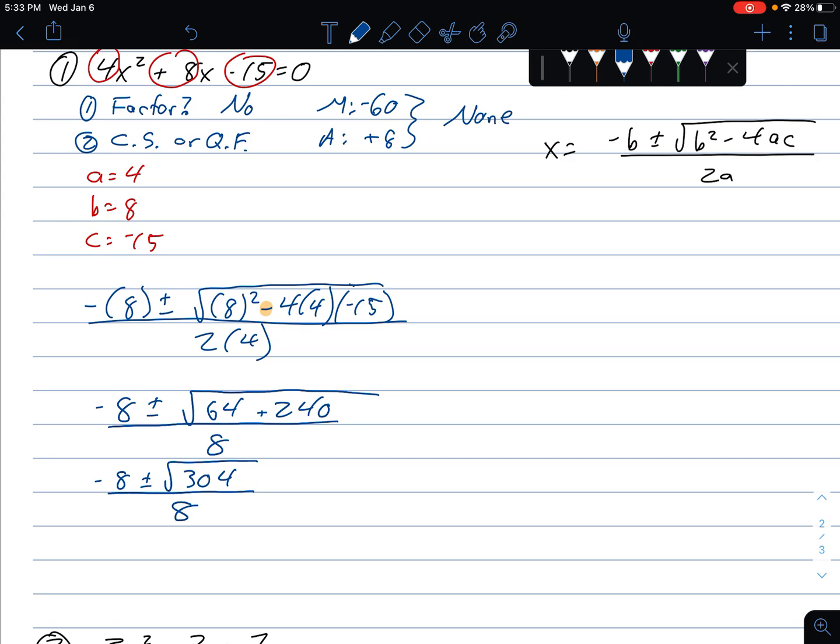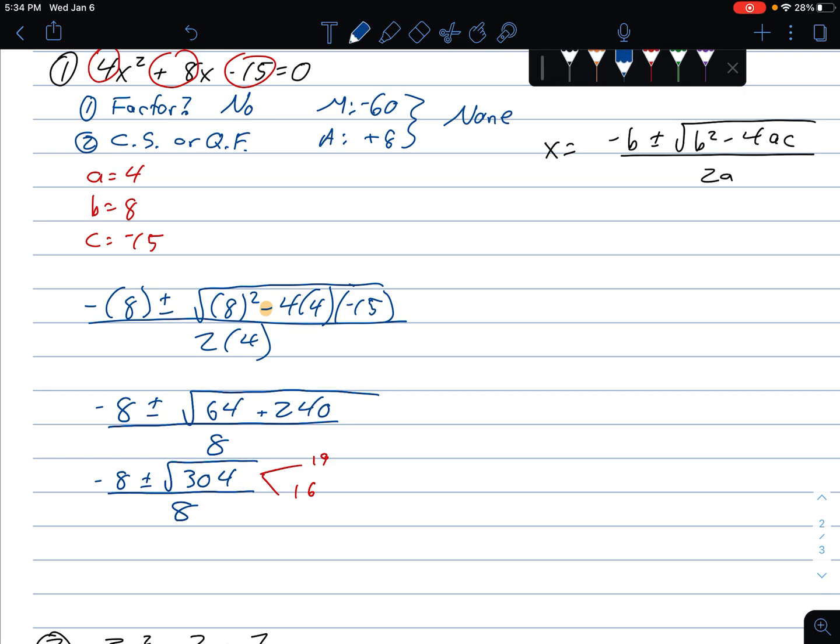Okay, now as we learned with radicals, we always have to try to simplify the radicals. So we have to simplify this 304. I know this can be broken down into a 19 and a 16. 304 divided by 19 is 16.